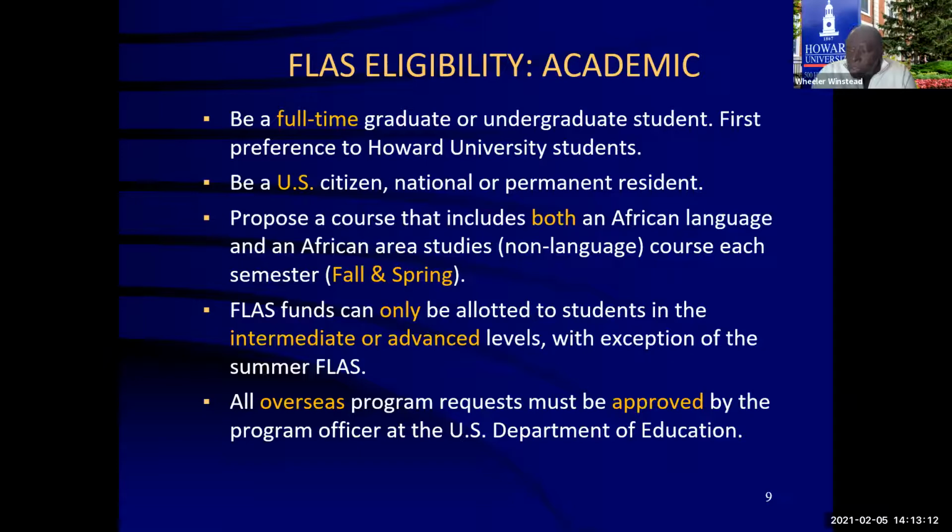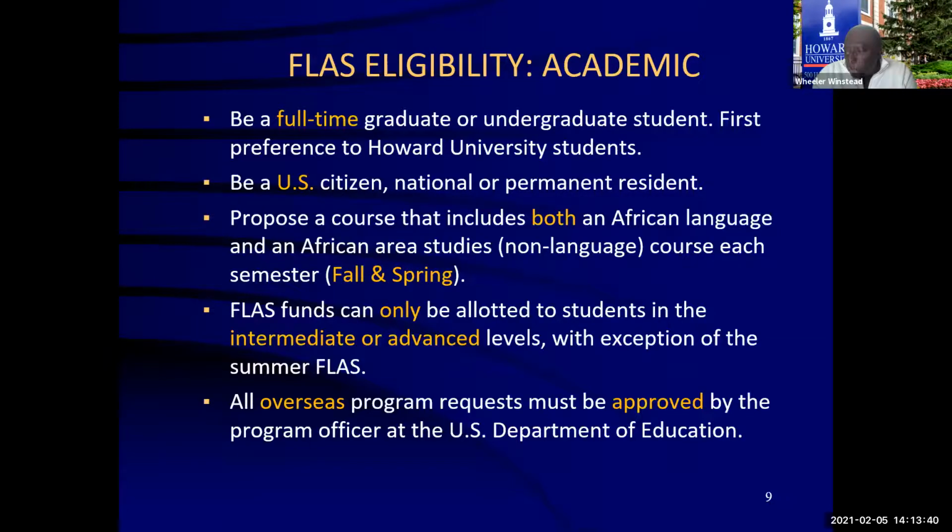Now, for the summer, there is the option, if you are a beginner, to get a FLAS, because the FLAS does have allowance for those who are just beginning for the summer only. And I think for the summer, and we'll get to that, you will have to take more hours if you are a beginner and you get a FLAS in the summer.